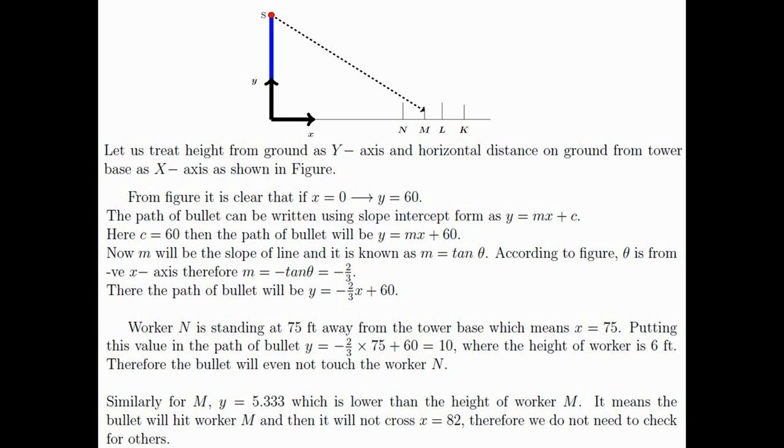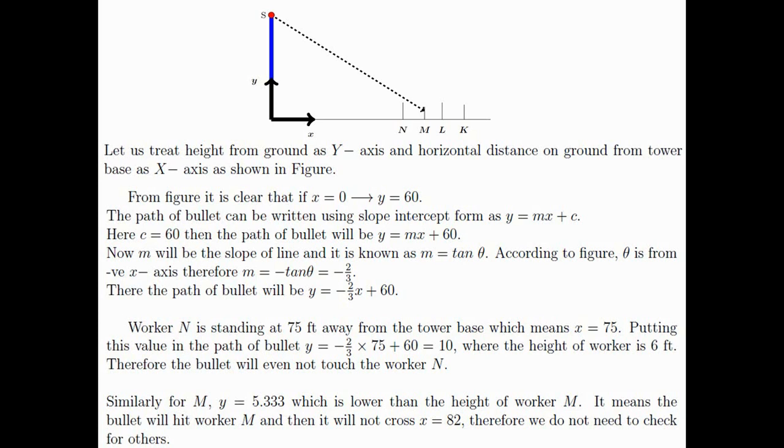Also, once the bullet hits a worker, it should not touch the next worker and stays within the first person's body. So here we can see the worker N is standing at 75 feet away, at x equals to 75.